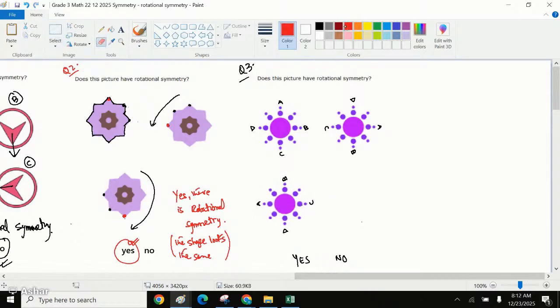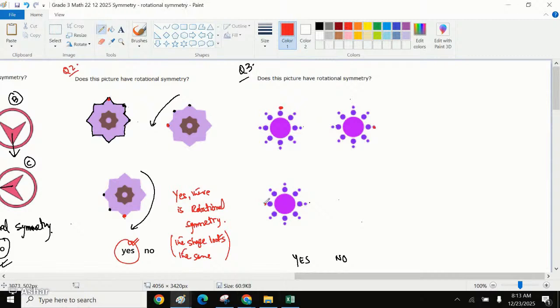If this was the red point, it comes over here. If this was red, it comes over here. And if we remove the A, B, C, D labelings, which were just for our own reference, can we say that all these shapes still look the same? They do or they do not? Yes, they do look the same.